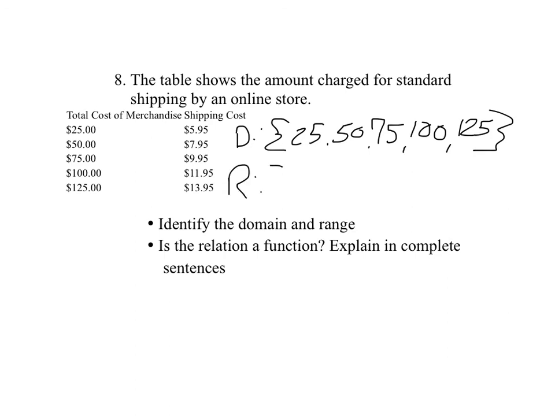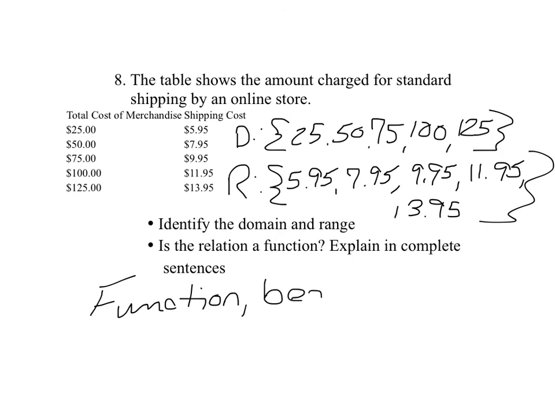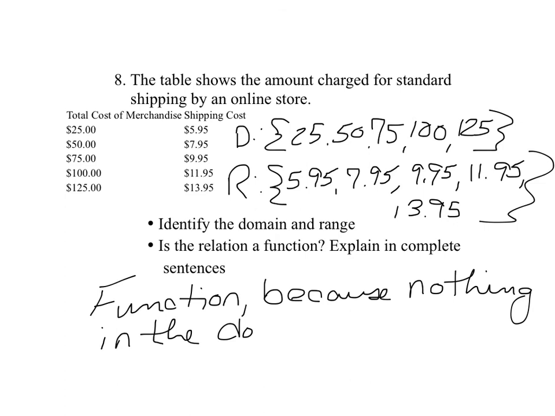And our range is going to be the 595, the 795, the 995, the 1195, and the 1395. This is going to be a function because nothing in the domain repeats.